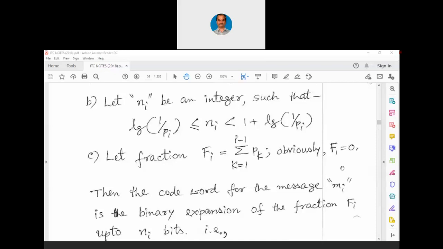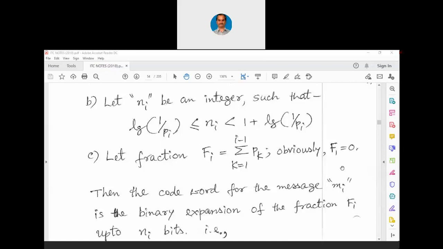In fact, there is a method called double method. Whenever an integer has to be converted, you continuously keep on dividing it by 2, and finally whenever you have a remainder, you add that. That is called double method. That is continuous division, and that is for integers.